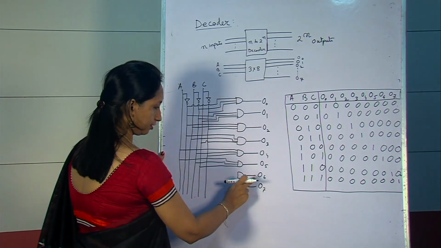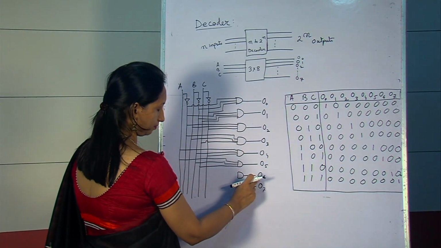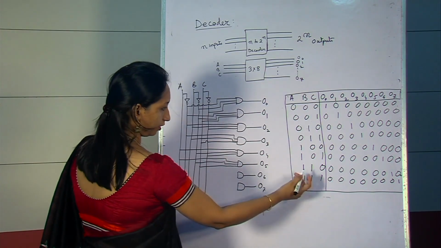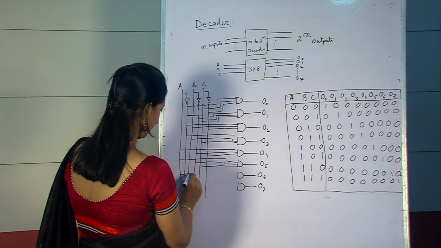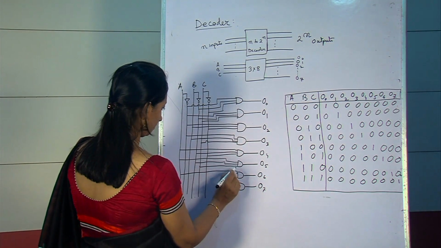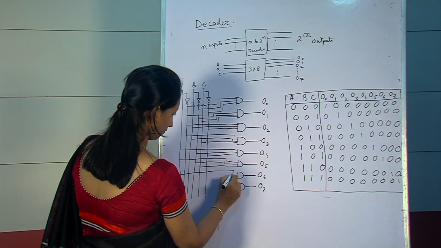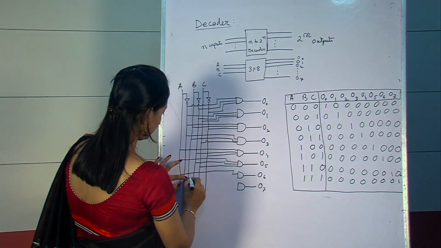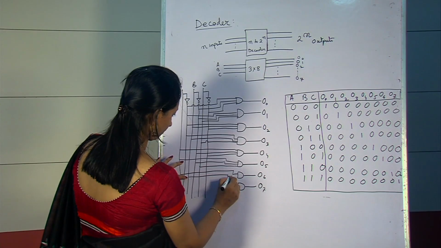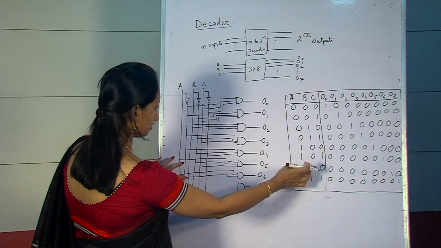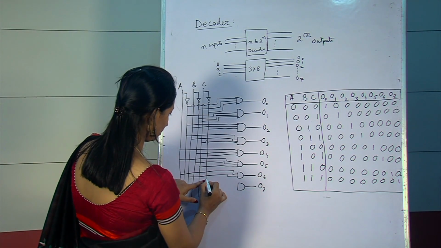Then for the sixth output, the combination is A and B high. So this is the high A line. Then B, this line is high, and C is low. So this is the C low line.